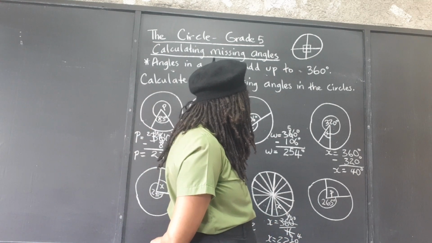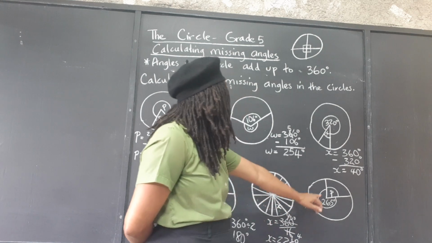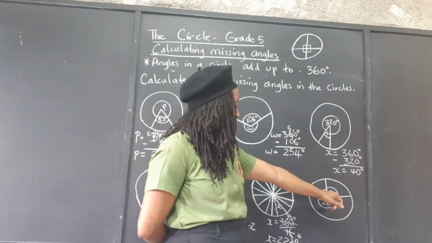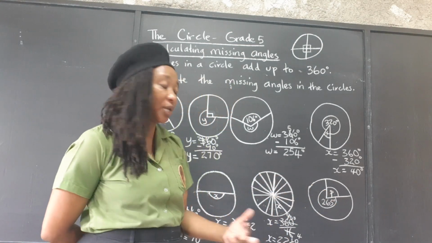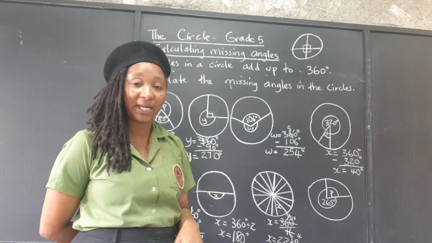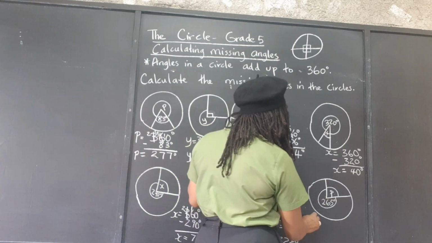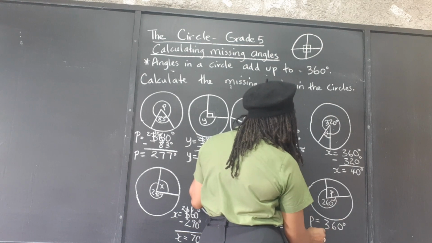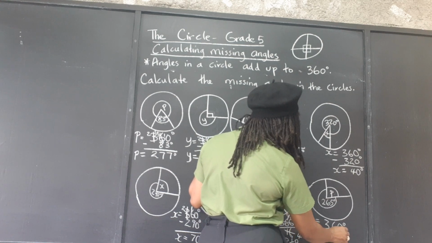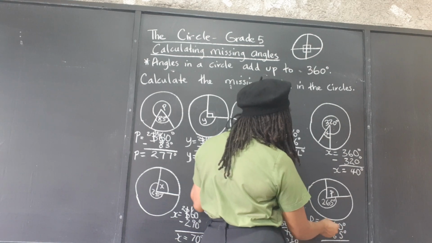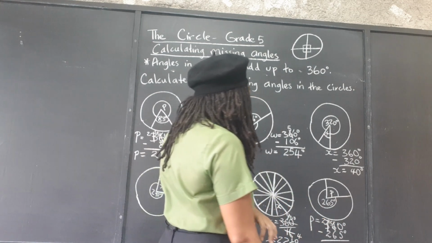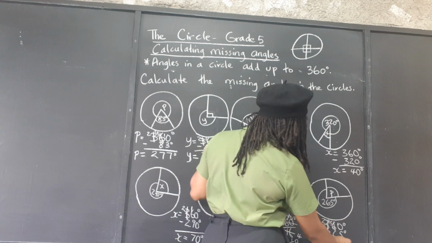Alright, so finally, we have 265 degrees. That's a reflex angle, and we want the acute angle formed at P. Since we know they both add up to 360 degrees, for angle P, we're just going to subtract the 265 degrees from the 360 degrees, because the two angles add up to give 360, right?